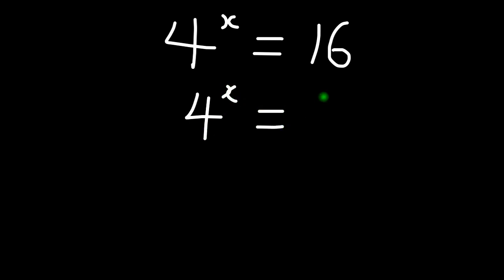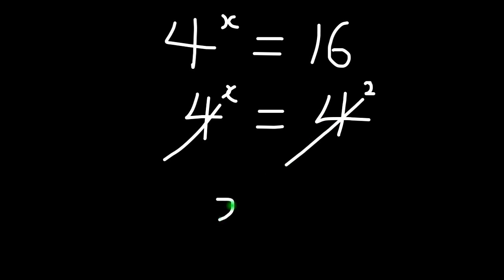This then gives us 4 raised to power 2, which means 4 times 4 is 16. So since the bases are the same, then we equate the powers together. We then have x equals to 2. So our final answer is 2.